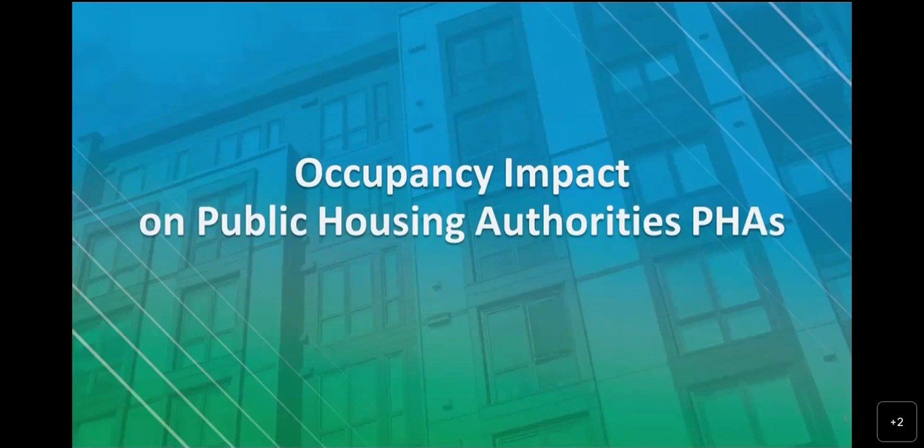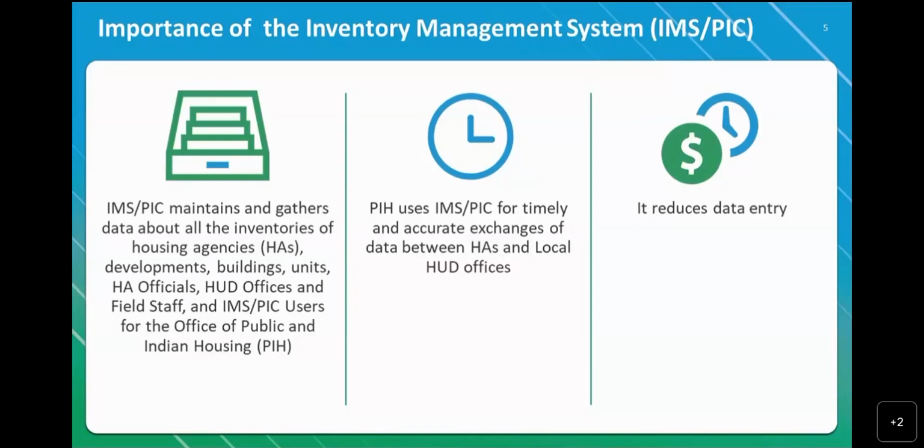We are starting our occupancy impact discussion. We have talked in detail and in depth in webinar 1 about IMS PIC in particular, because any information that is not in PIC is not visible to HUD. And all of you should have received reminders from HUD that certification is necessary for the capital fund.